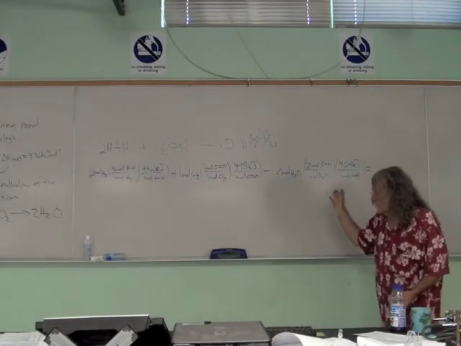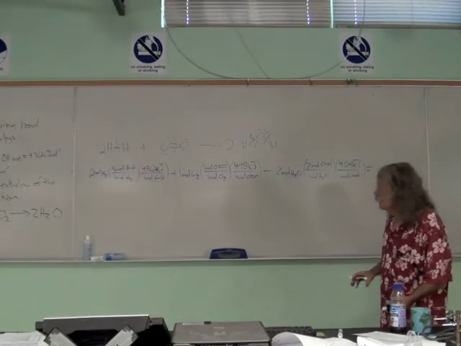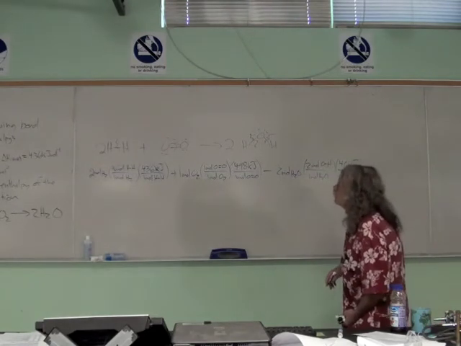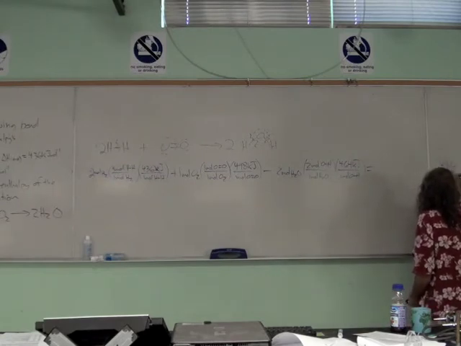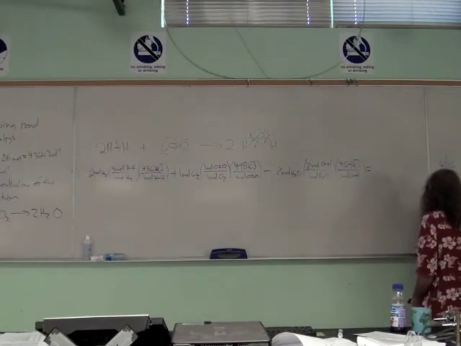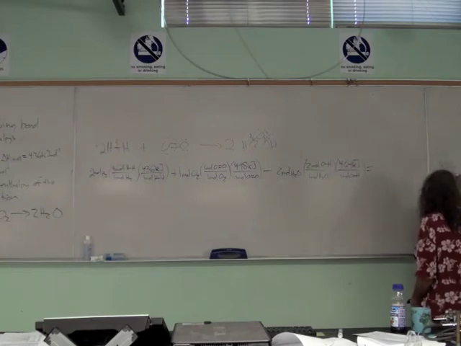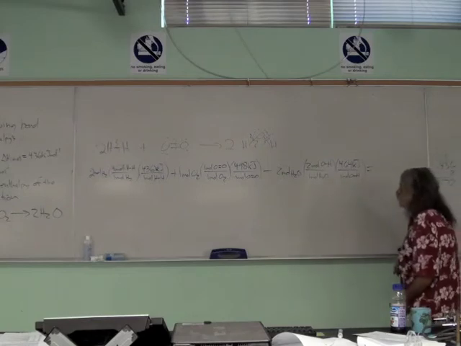This is, again, all on scratch paper. I first multiply 436 times 2, which is 872.